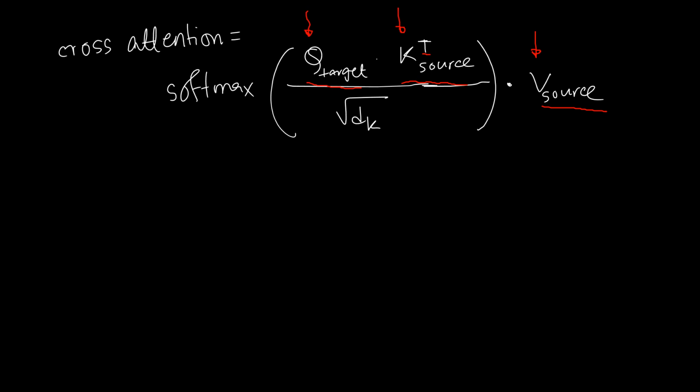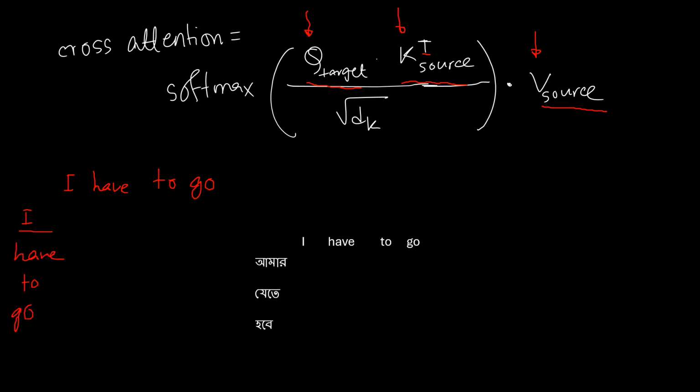Now, what is the cross attention actually doing if we think about it? Remember, for self attention, we used a table like this to show it. Let's say I have a sentence "I have to go", and I'm applying self-attention on it. What self-attention did was give attention between different words of the same sentence.